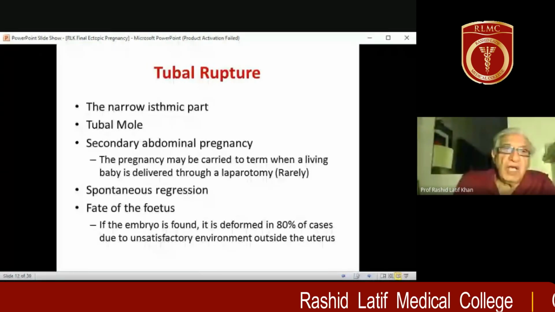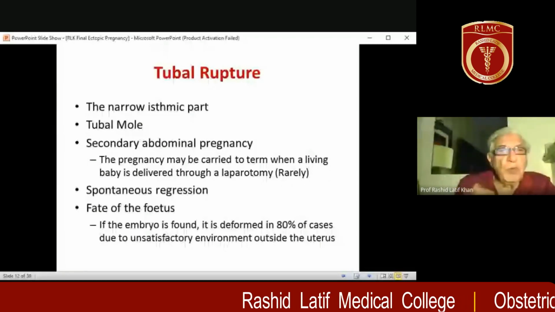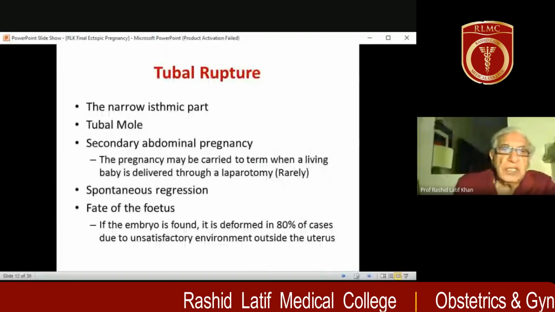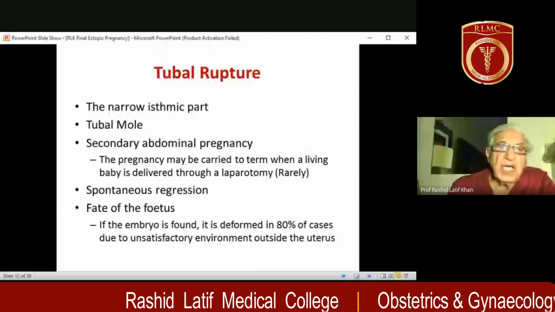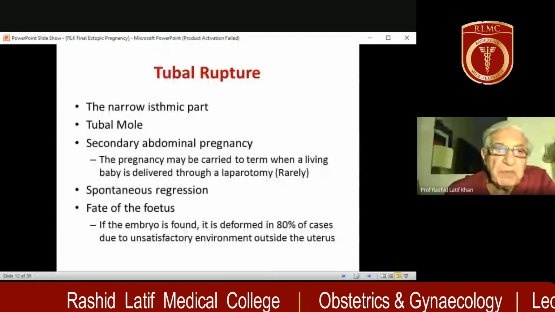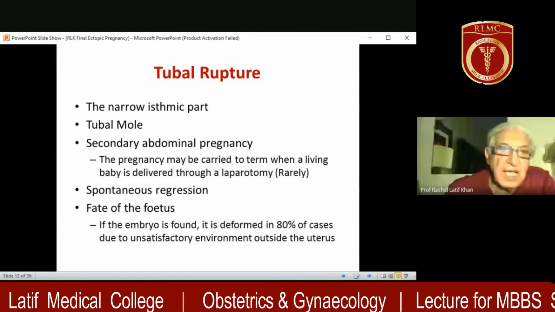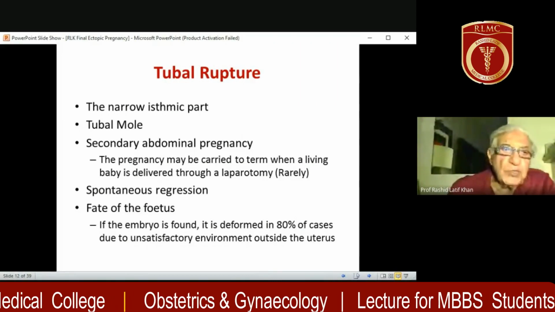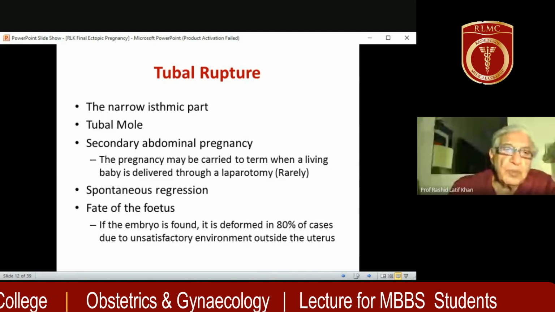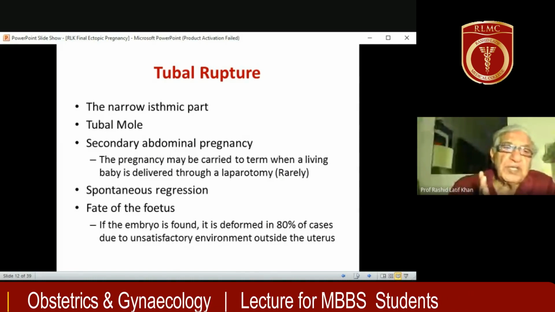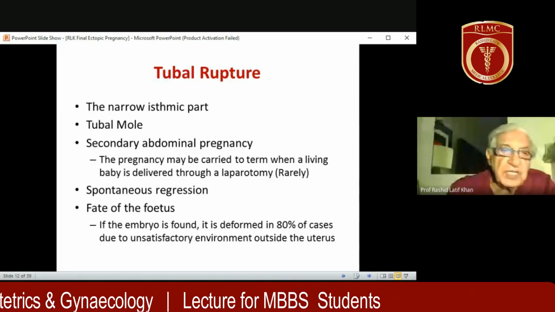Well, one was tubal mole, tubal abortion, but as I said, in the narrow ischemic part, if the pregnancy implants, there's a greater risk of tubal rupture. And I told you, because there's no space to accommodate that, the tube is stretched, and eventually it gives way.